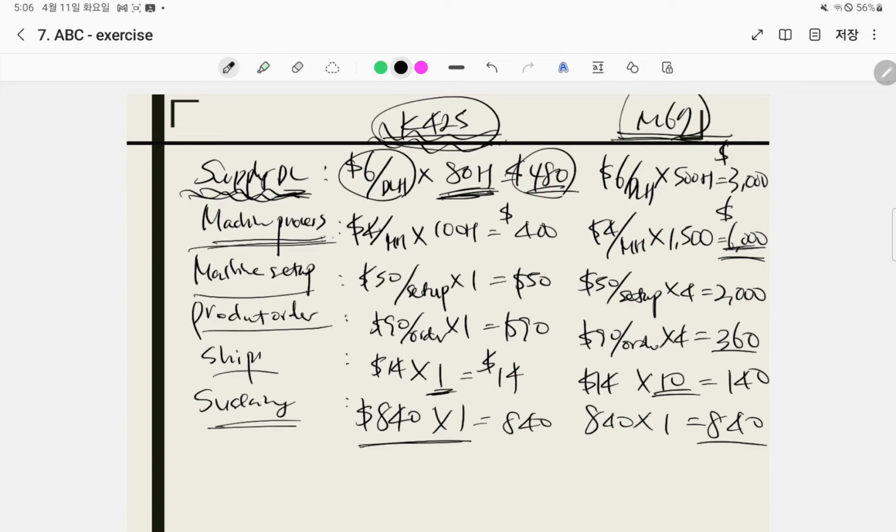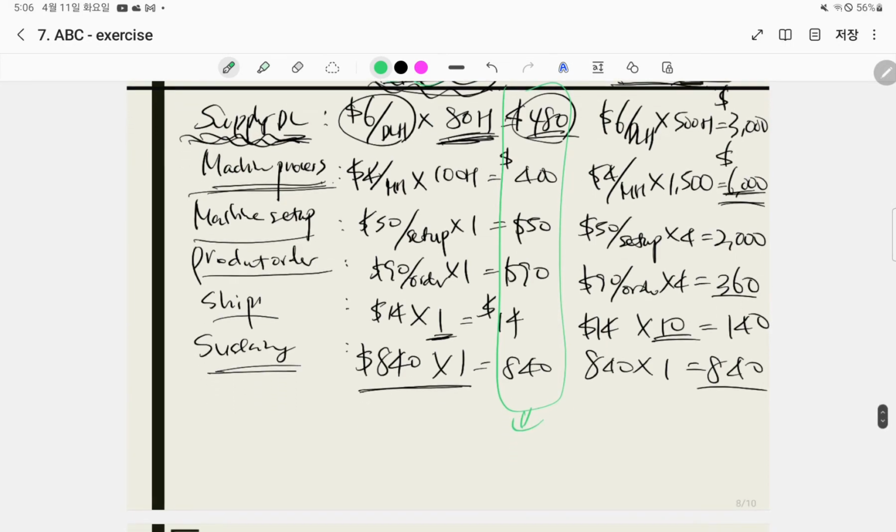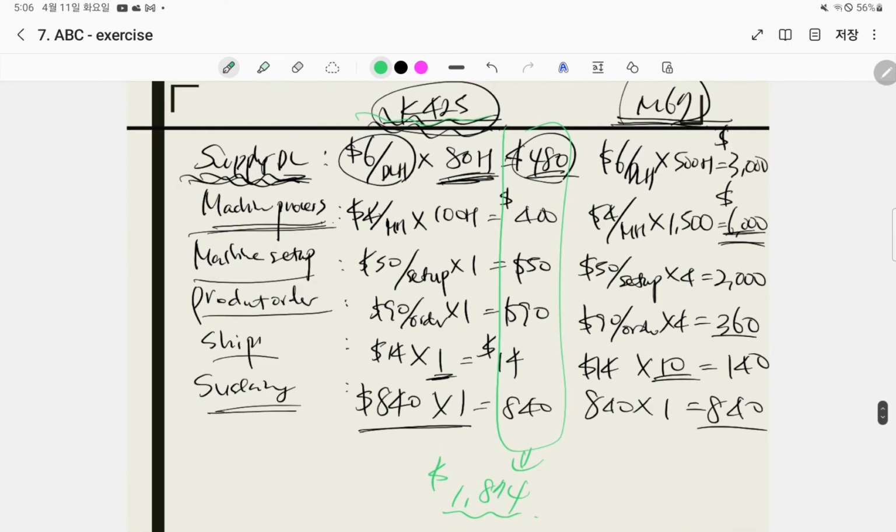Okay, so in total for K425, $1,874 are assigned to this product. In total, $10,540 are assigned to the M67 product.